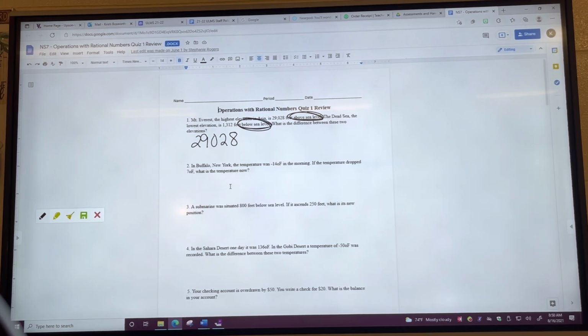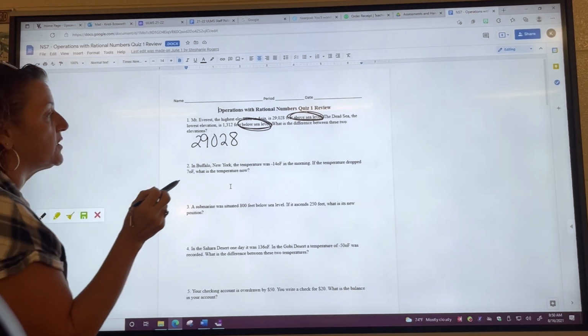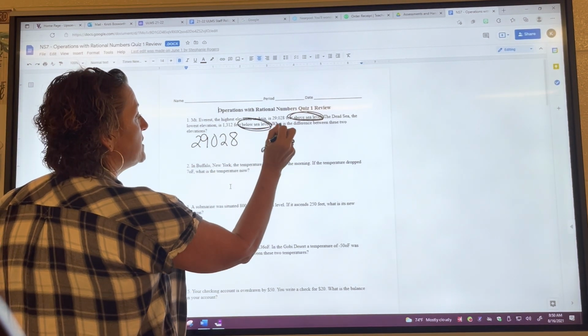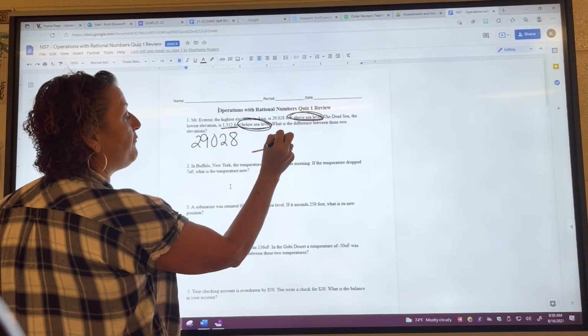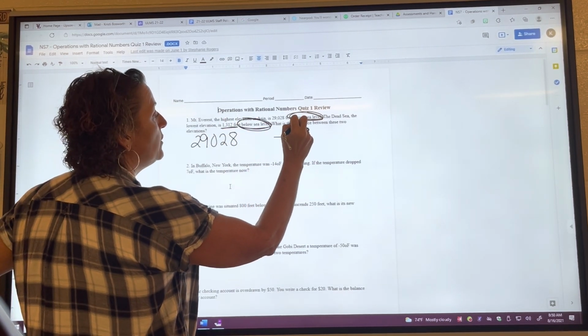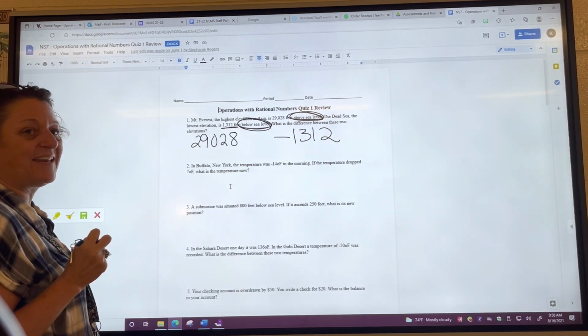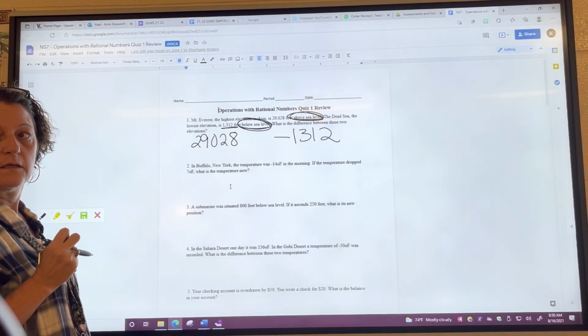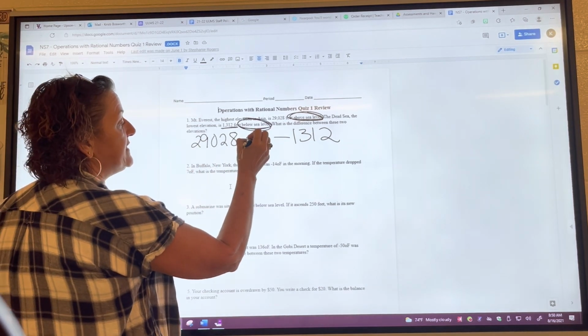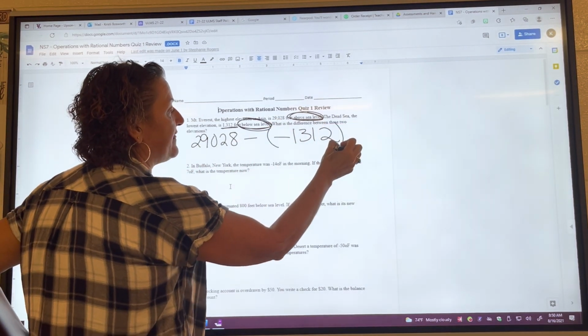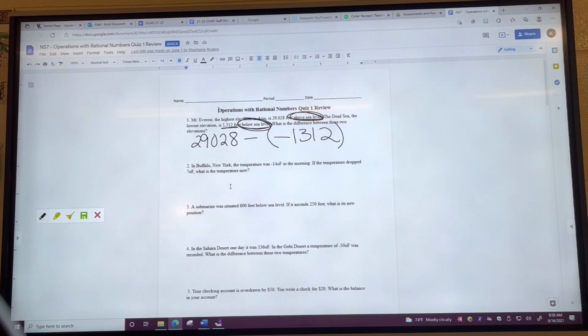Difference means subtract. 1,312 feet below sea level is a negative number, right? And the difference in those looks like that.